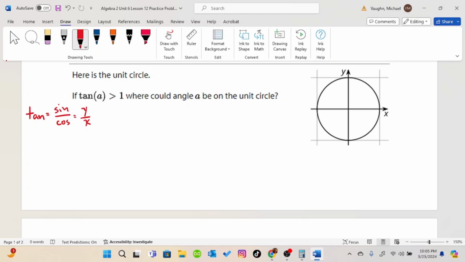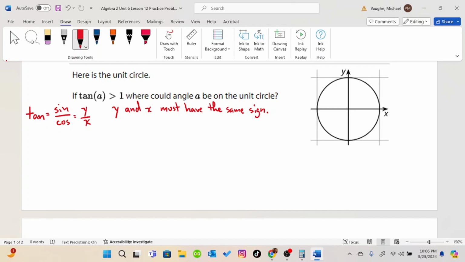So, if we want tangent to be greater than 1, two things must be true. y and x must have the same sign. We either need to divide a positive number by a positive number, or we need to divide a negative number by a negative number.